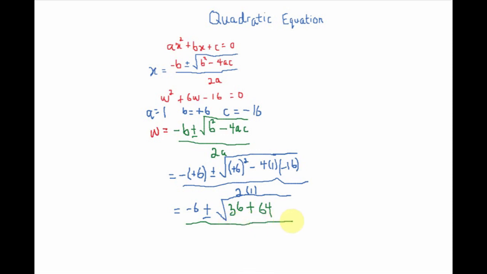All over 2 times 1 is 2. So we'll be having minus 6 plus or minus square root of 36 plus 64, which gives us 100, over 2.